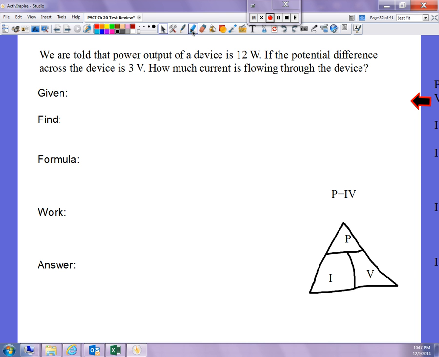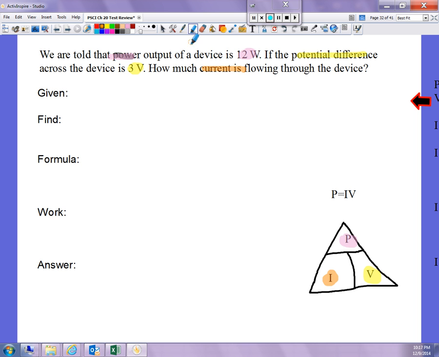All right, I'm going to go ahead and walk us through this. It tells us that the power is 12 watts. So they give us P, and they tell us that the potential difference, which we know is a synonym for voltage, is 3 volts. So they give us voltage, V, and they ask us to find the current. With these 3 variable equations, if you know 2 of them, you can work out the third.